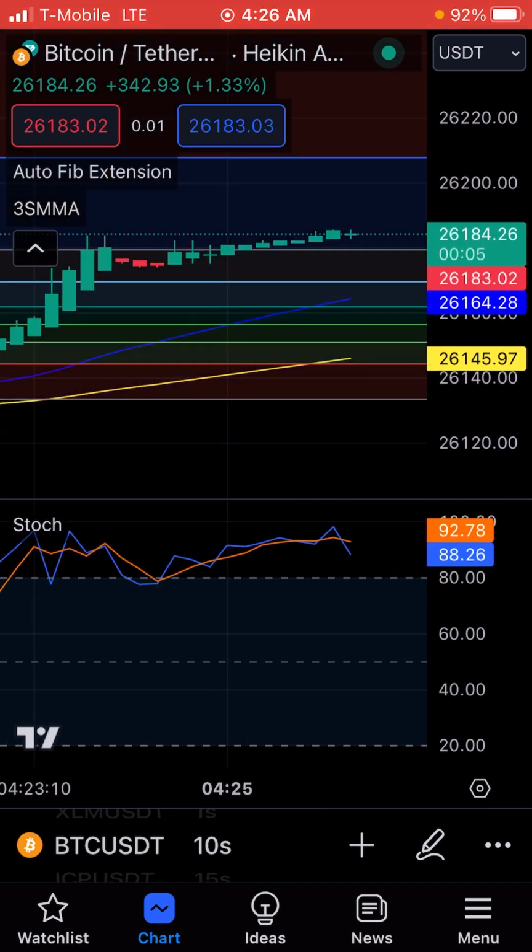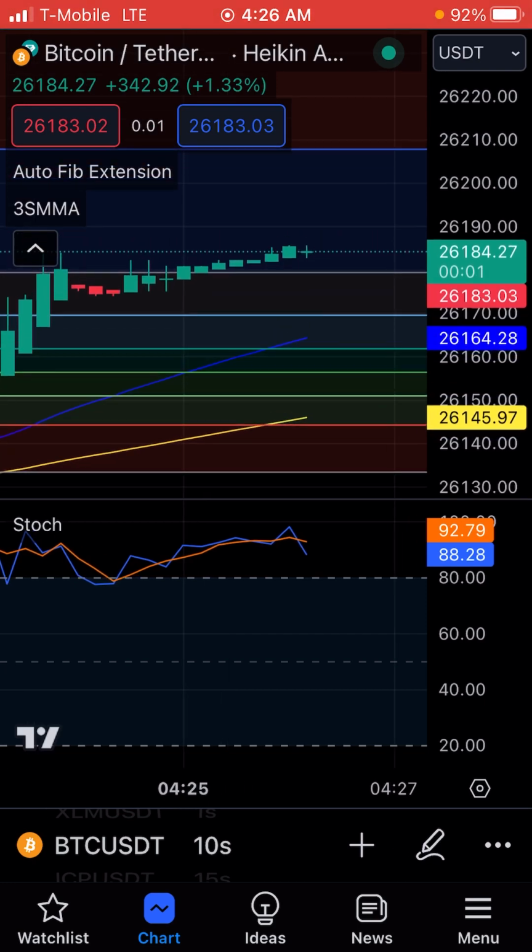I make sure I have my auto Fibonacci loaded, and we kind of generally see where the market is going. So anyway, when I'm doing future trades, that's kind of how I set it up. I have my auto Fibonacci, and my moving averages I use are the 20-55, and every time the 20-55 cross on the 10-second candle is a good moment to get in for a quick scalp.